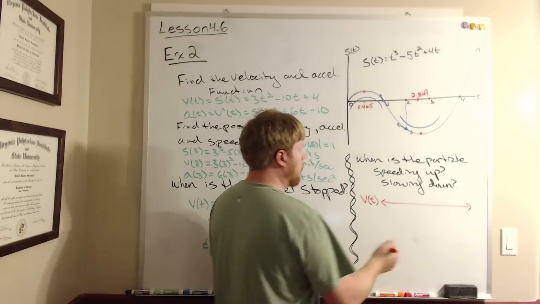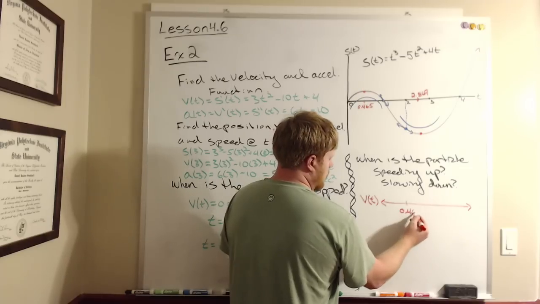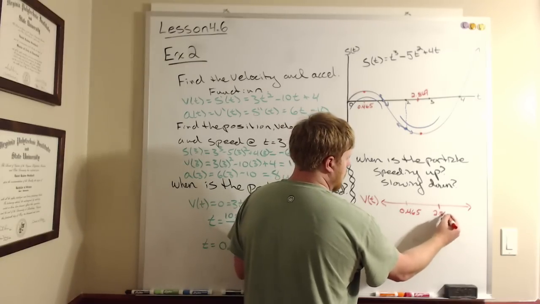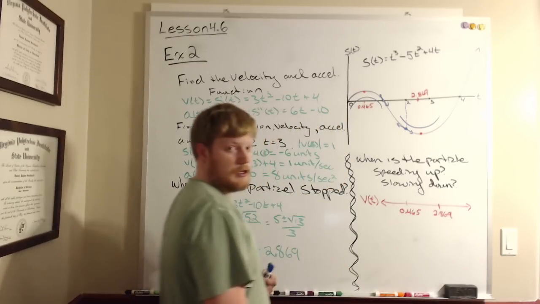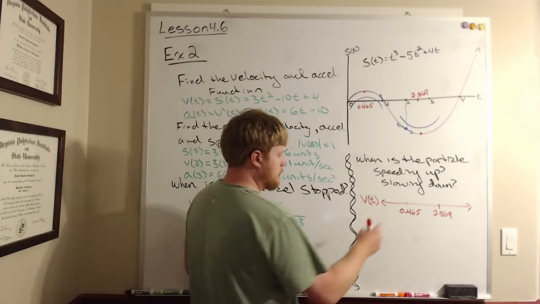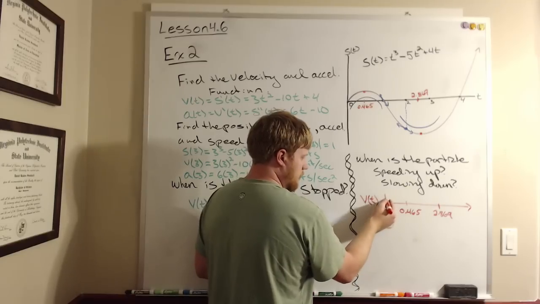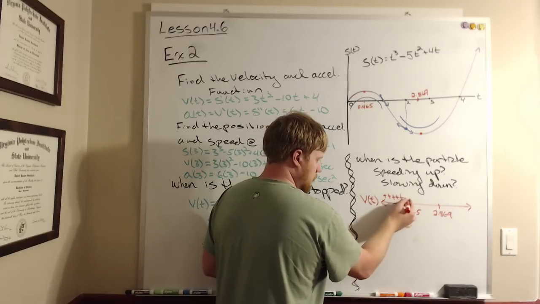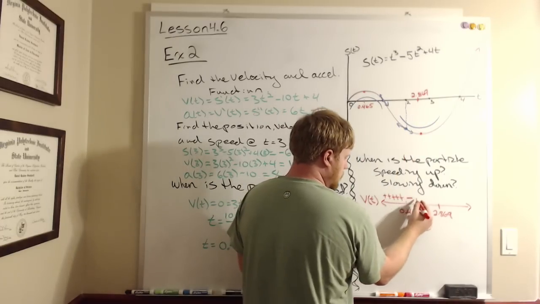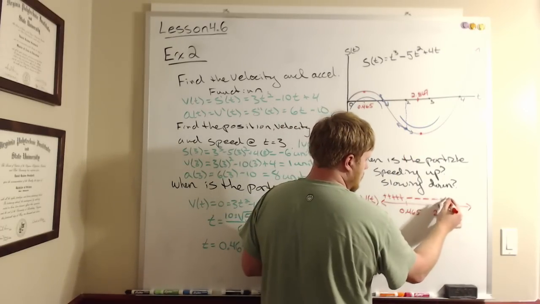I had two critical points, 0.465 and 2.869. And of course we could plug in some values, but we're going to look at the graph and see that here the velocity is positive. So positive. Here the velocity is negative, negative, negative, negative. And then elsewhere, it's positive.